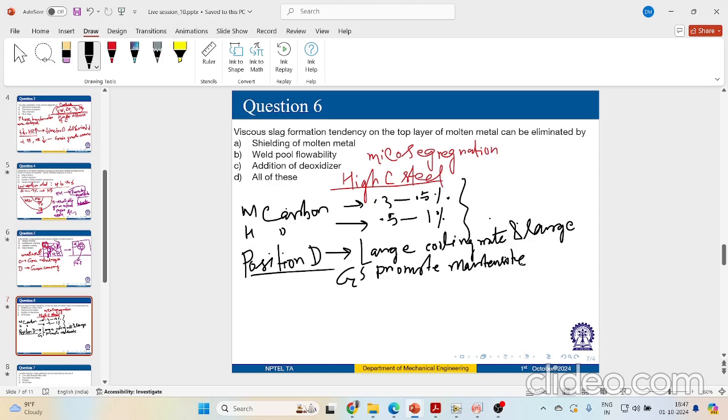Now, in the grain refining region, position C, the lower cooling rate and smaller grain size will encourage me to form pearlite and ferrite. So in the grain refined region, there will be lower cooling rate and smaller grain size.